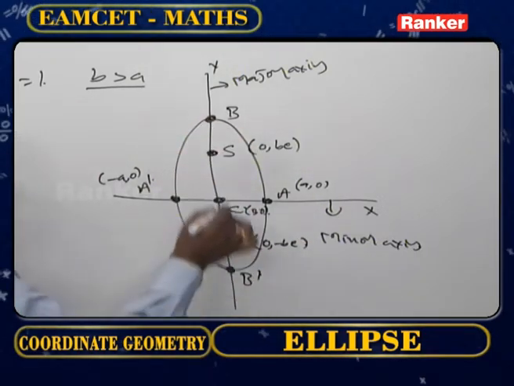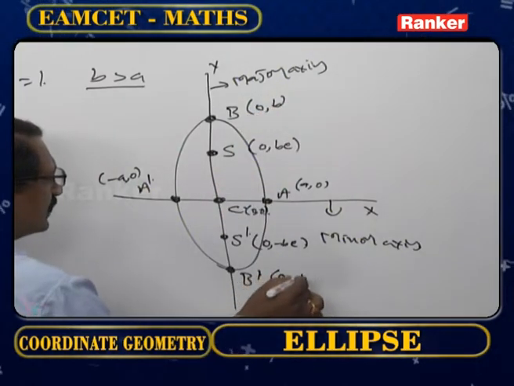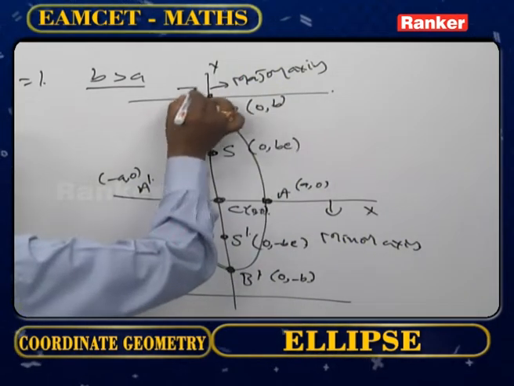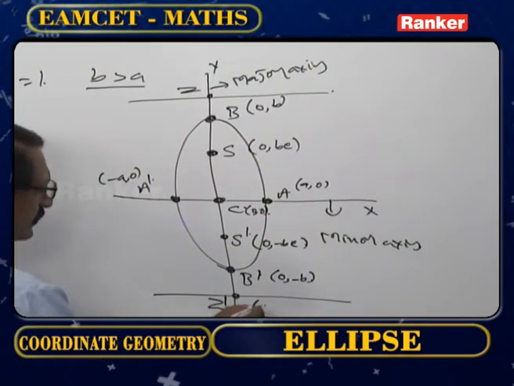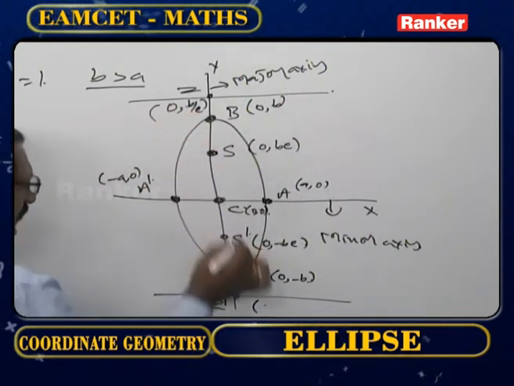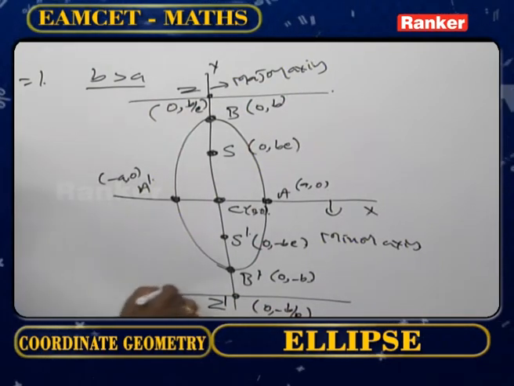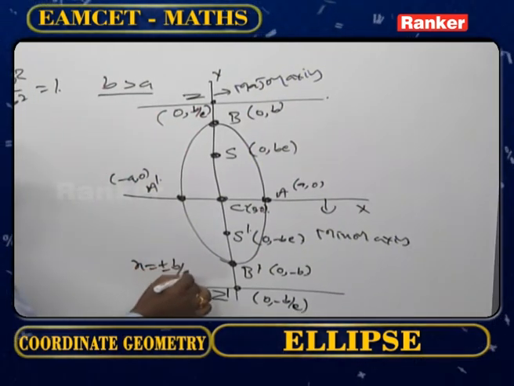The vertices are (0, b) and (0, minus b). The two directrices Z and Z dash have feet with coordinates (0, b by e) and (0, minus b by e).